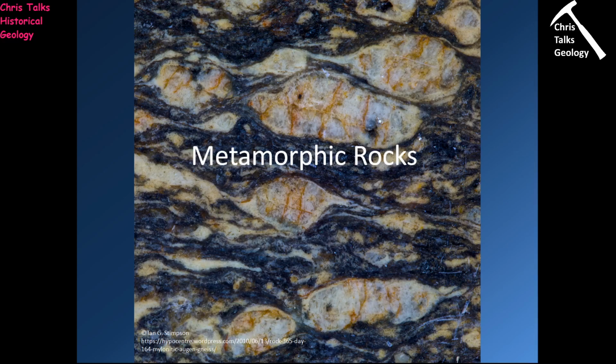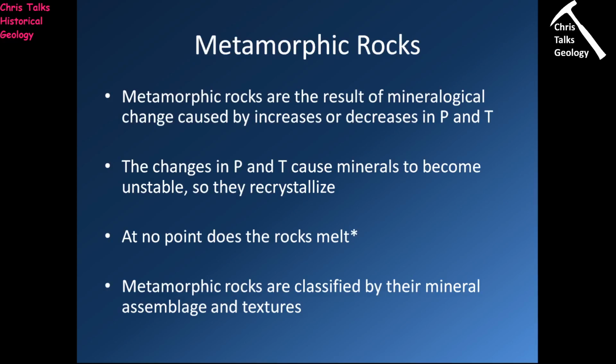Alright, let's get going. So, metamorphic rocks are the result of mineralogical changes caused by increases or decreases in pressure and temperature. The changes in pressure and temperature cause minerals to become unstable. Every mineral has a temperature and pressure range in which it's happy.